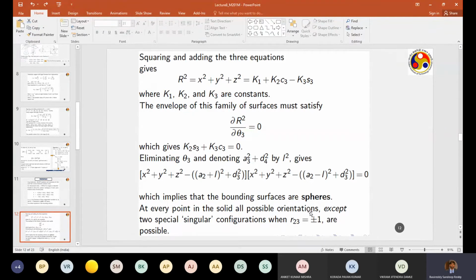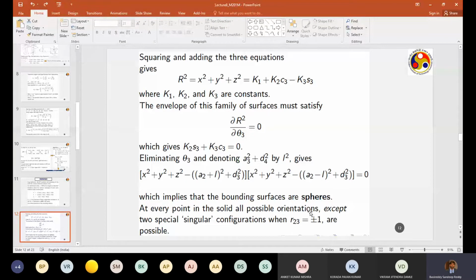So in kinematic singularities, the basic idea when you do kinematics is that there is a given functional relation between thetas and x, y, and z. For a given theta, if you substitute, you will get x, y, z. That is the forward kinematics. And if you have a given x, y, z, then you should get theta back. Now there are particular configurations where even if you go on changing the values of theta, it will not affect x, y, z.